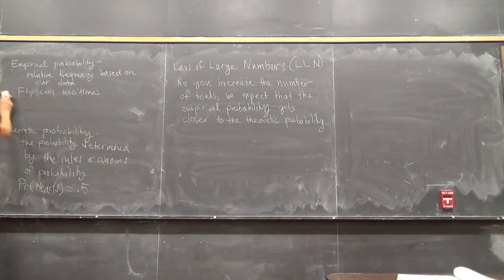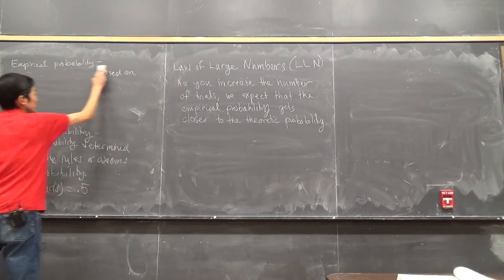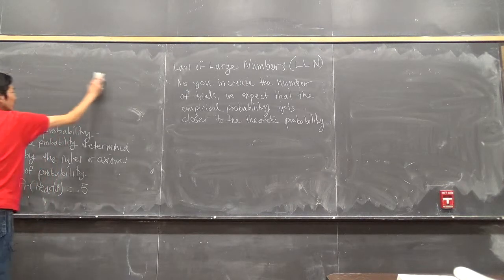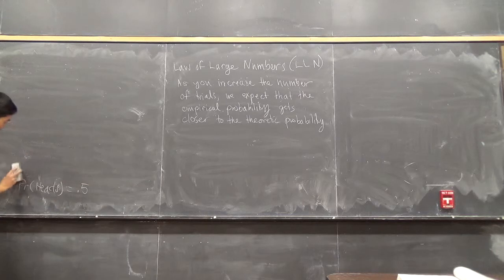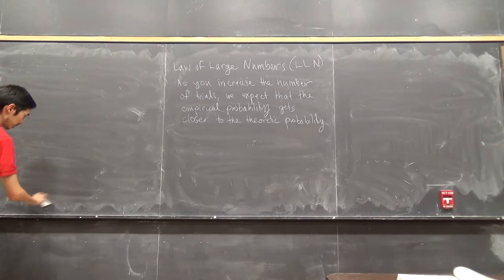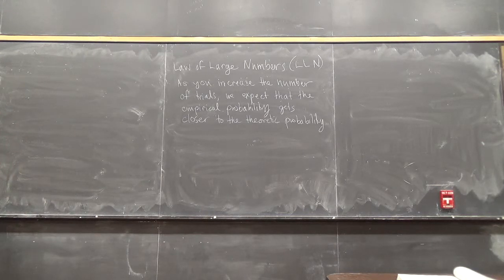Okay, let's talk about maybe some notation here. And maybe some of the rules, okay? So if we have some event, we could have a particular outcome.